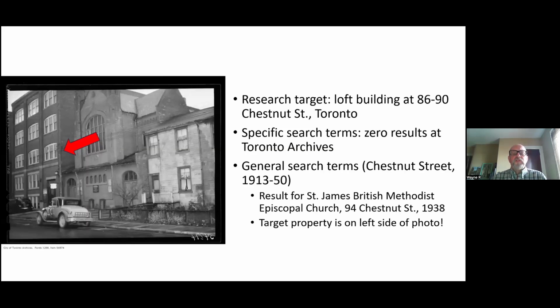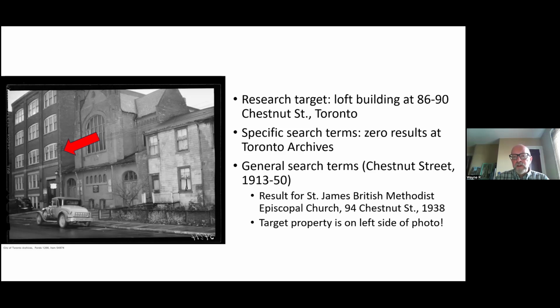Throughout today's presentation, I'm going to be sharing some actual research projects that I've been involved with to give you some examples of concrete searches. In this case, my research target was a loft building, a light industrial structure at 8690 Chestnut Street in Toronto. When I plugged in that address, a specific search term, I got zero results at the Toronto archives.